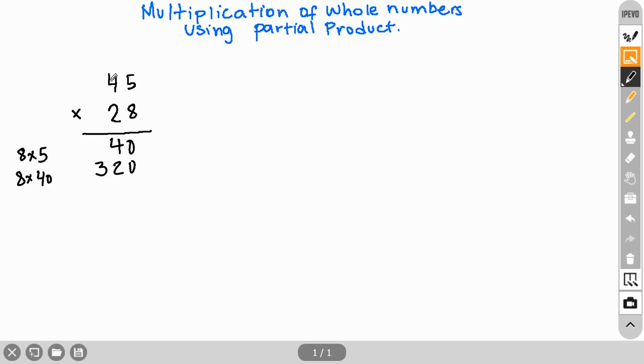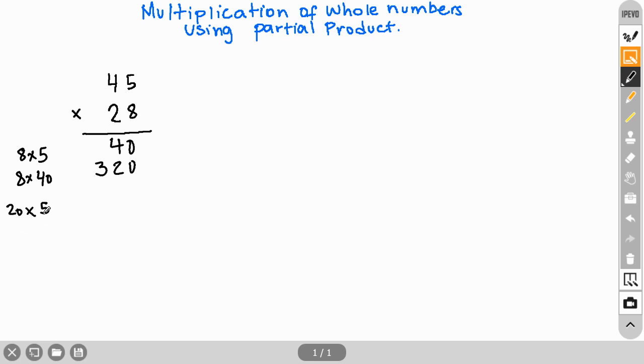So I already multiplied my 8 by both the 5 and the 40. Now I have to do the same thing with the 2. However, this is not a 2. This is a 20. So it's 20 times this 5, which is a 5 only, in the ones place.